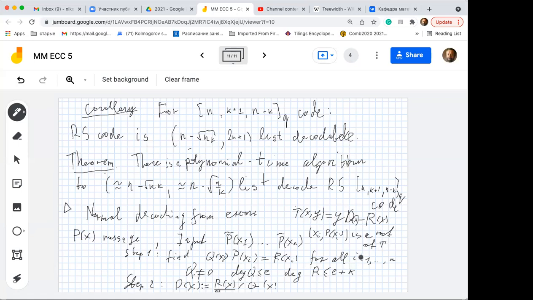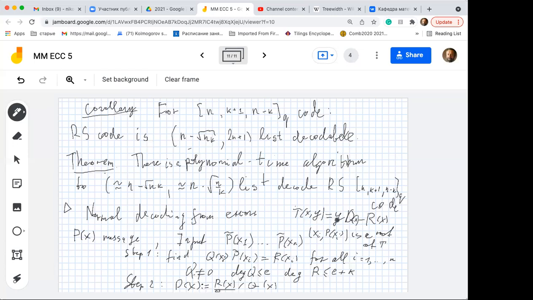So the first step may be understood as finding a polynomial of two variables such that every point on the graph of the function tilde p is a root of that polynomial, with some restriction on the degree.